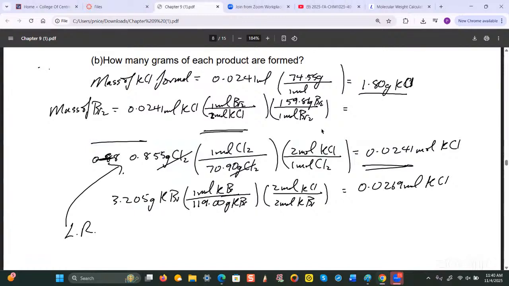So 0.0241 divided by 2 times 159.81. And according to my calculation, this works out to be, when rounded off to 3 sig figs, 1.93 grams. 1.93 grams of the other product, which is bromine. So that's how we do the second product.